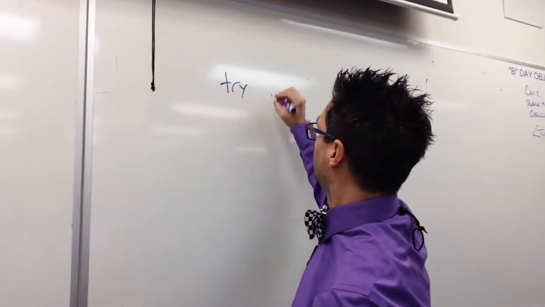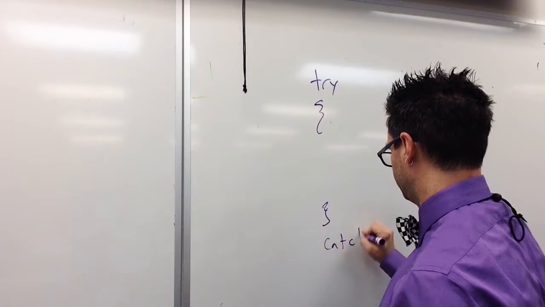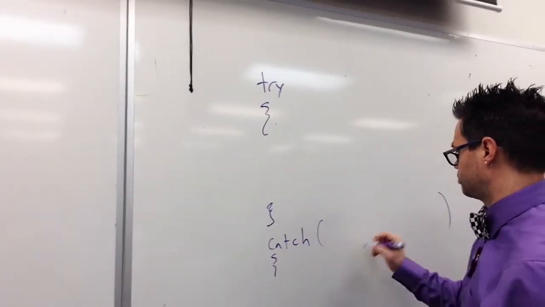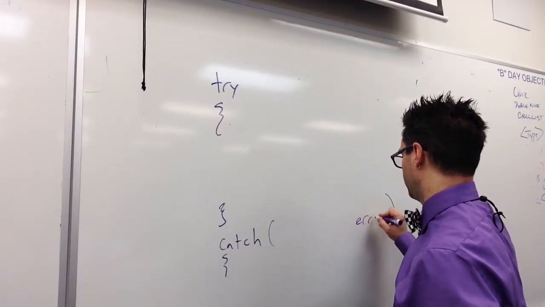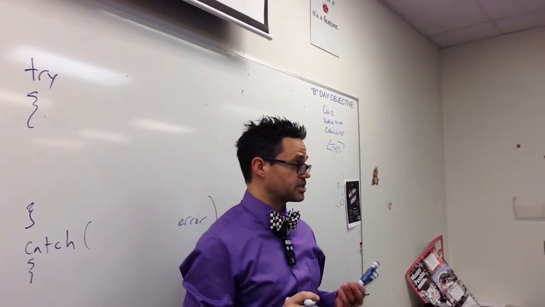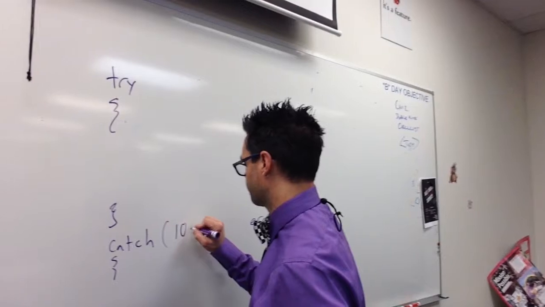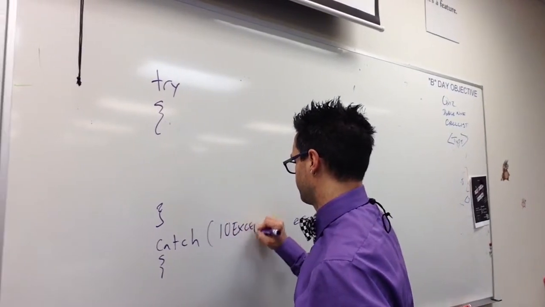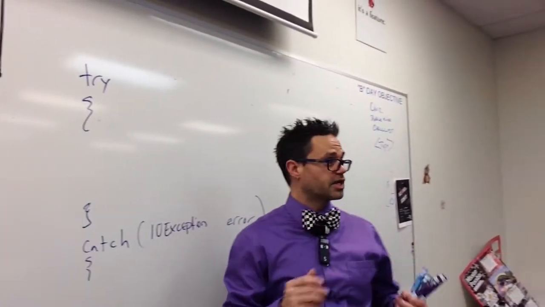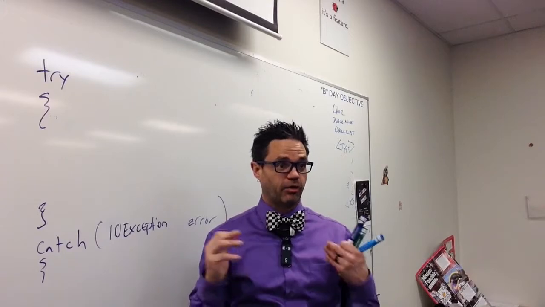So with a try, we have our block of code, we have a catch, and in the catch block we have some exception. I generally give it the name error because error is an easy name to remember. And when we're handling this with Scanner, what we're specifically working with is an IOException. That IOException is going to say, oh, you can't handle this. There's something that's not available, like you don't have file permissions.